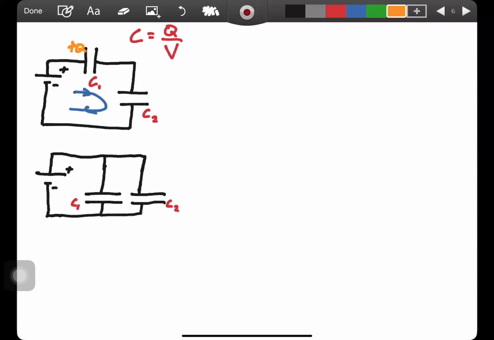And so you can imagine that those charges keep moving until they build up on the second plate. And then similarly, the buildup of positive charge in the second plate has an electric field that's going to push positive charges away from that other plate underneath it. So the charges aren't actually going across the plates, but their buildup creates an electric field to push further charges down the line.